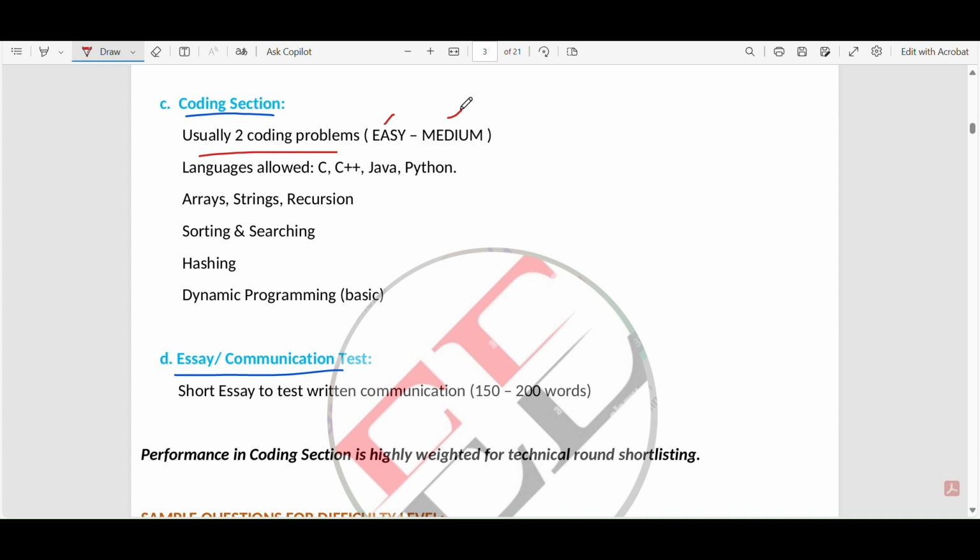So you need to practice coding before going to this test. The languages allowed will be C, C++, Java, and Python. Most probably take Python because it will be easier. C, C++, and Java are somewhat syntactical, but Python is not.